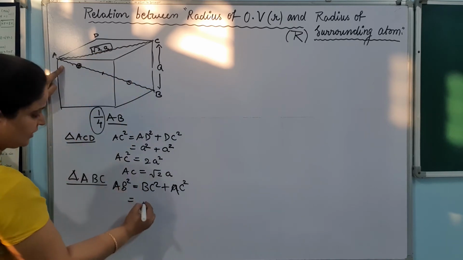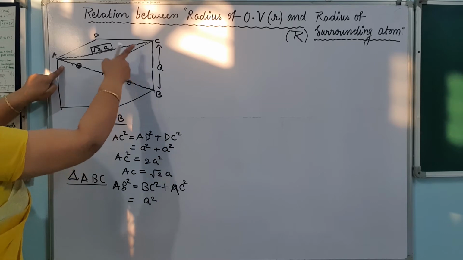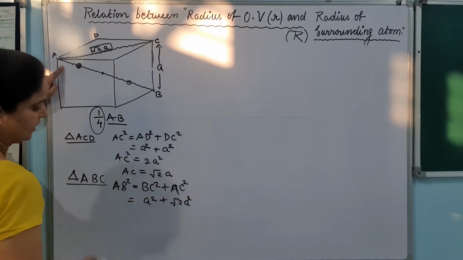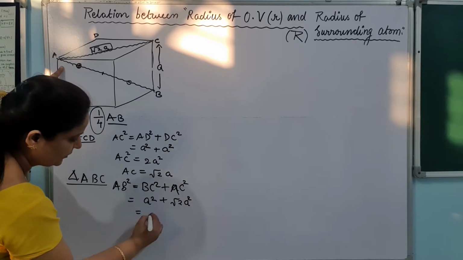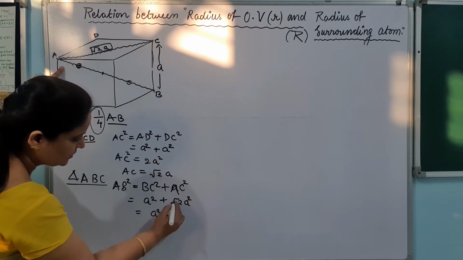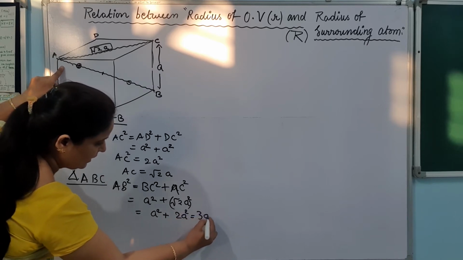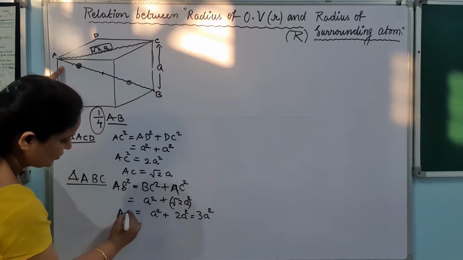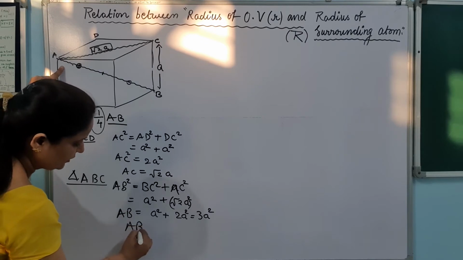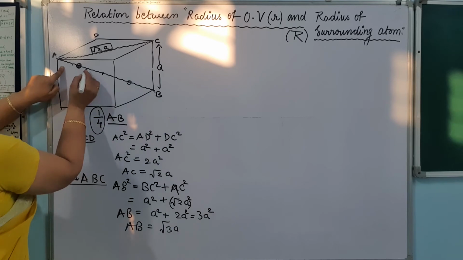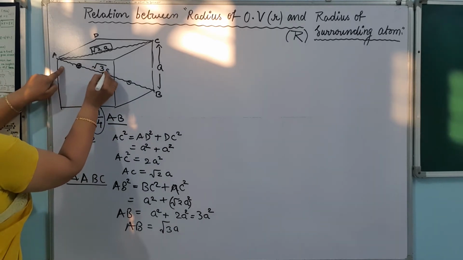BC is a, and AC is root 2 a. So this becomes A square plus 2A square, that is 3A square. So AB square is 3A square, and AB equals root 3A. So this way we have calculated root 3A.